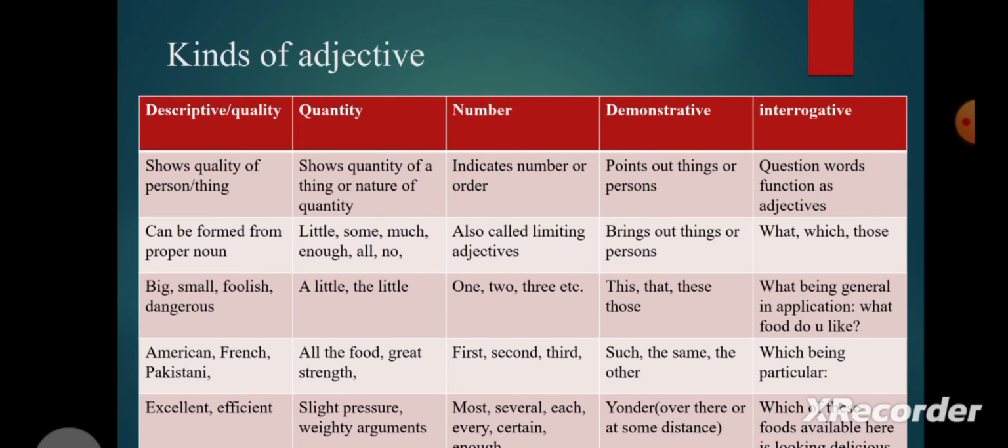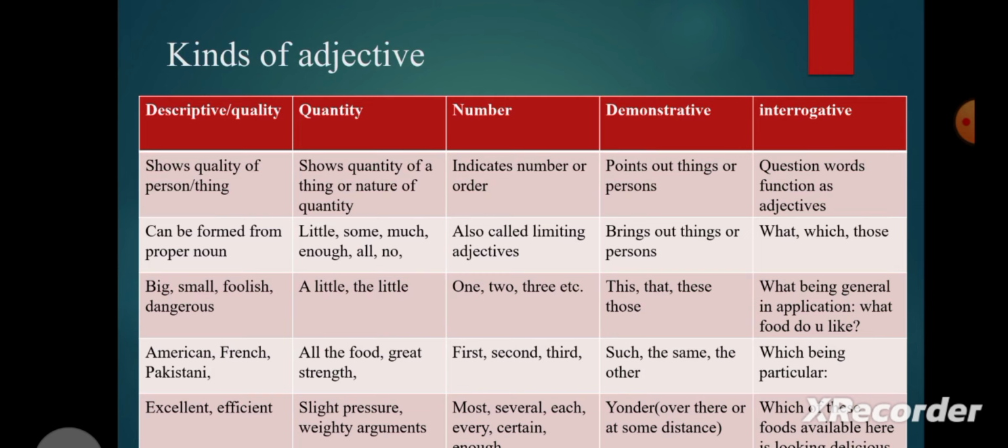And as I told you, proper adjectives can be formed with the help of proper nouns. For example, the proper noun is America, and we will make the adjective of quality like American. French from France.